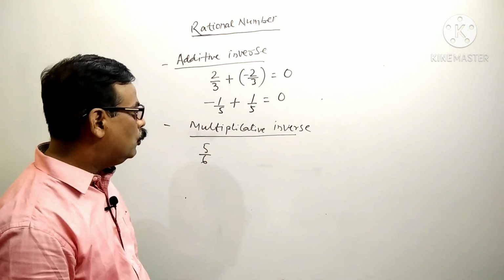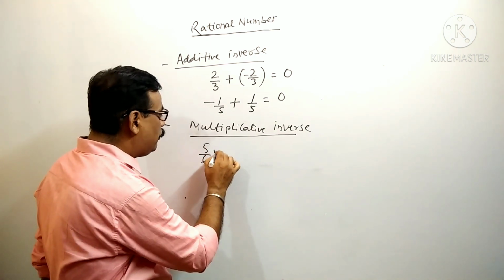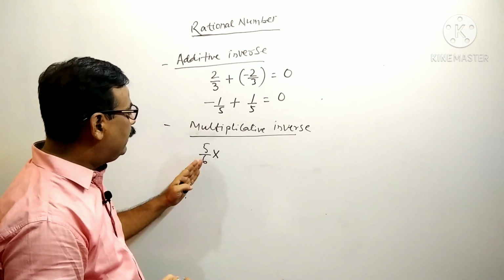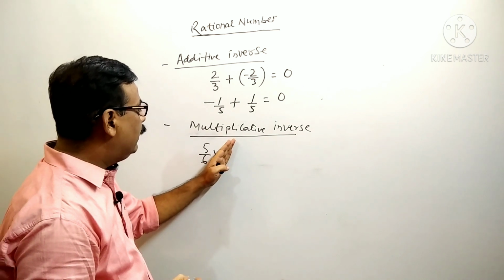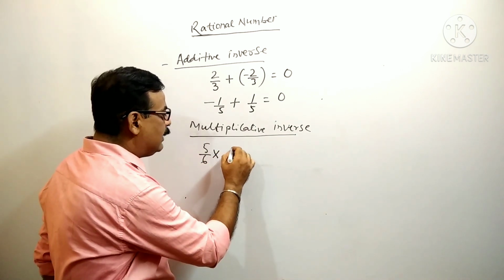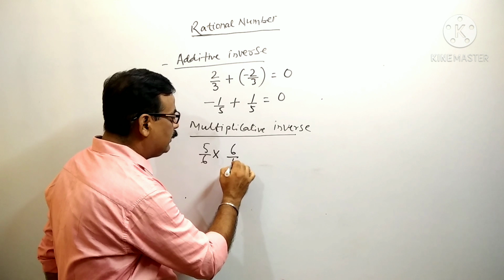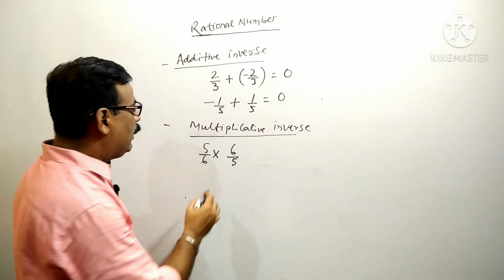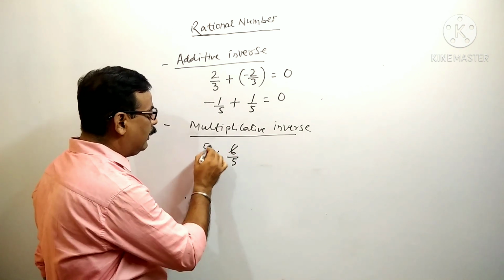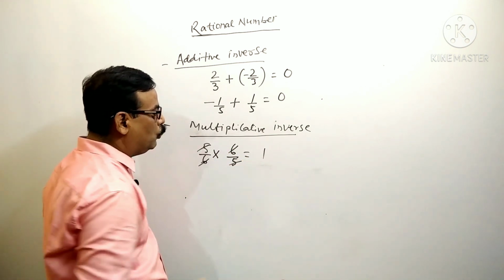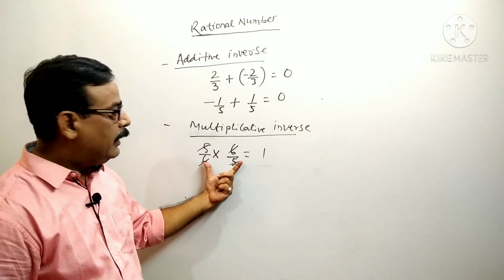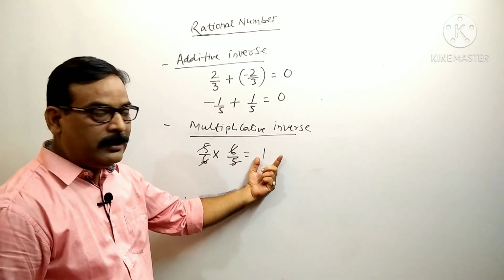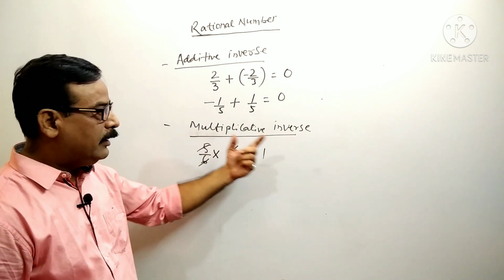You just take the reciprocal of that number. If the numerator is 5 and the denominator is 6, you write the denominator as the numerator, that is 6 as the numerator and 5 as the denominator. And what you will find here, you can cancel and get the result 1. So when two numbers are multiplied with each other and the result is 1, then it is called the multiplicative inverse.